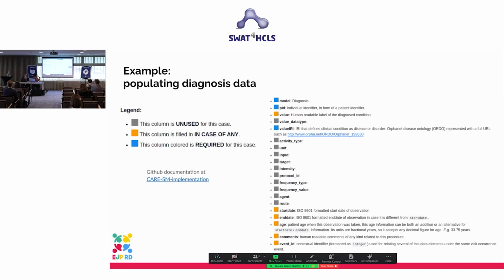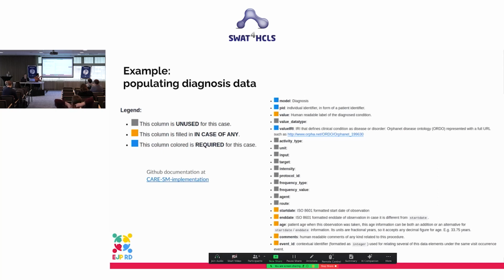We have a legend that says all the information that is required. Optional information enhances the representation, but it is not required for creating this data entry. In the case of diagnosis, we define a tag which says diagnosis, the patient identifier, the value, which is the ORPHA code, like the one my colleague Cesar mentioned, Orphanet 666, and also temporal information, age, in case it is needed.